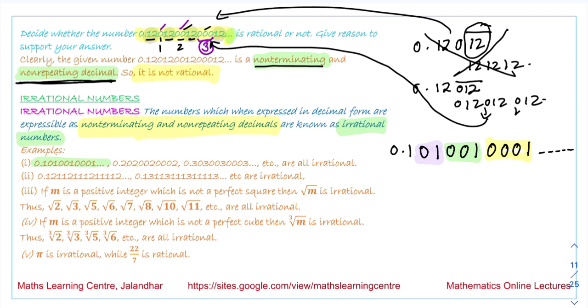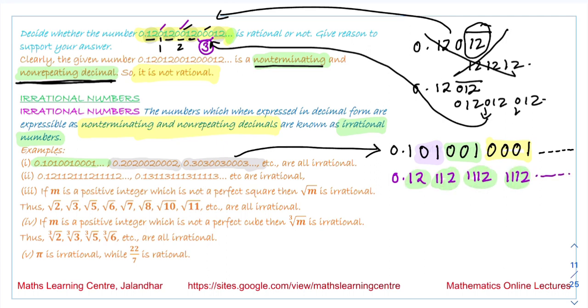Similarly, for the second and third numbers, with similar reasoning, all these numbers are irrational numbers. The next number given to us is 0.12, then 112, then 1112, then 1112, and so on. Again, the blocks are not repeating.